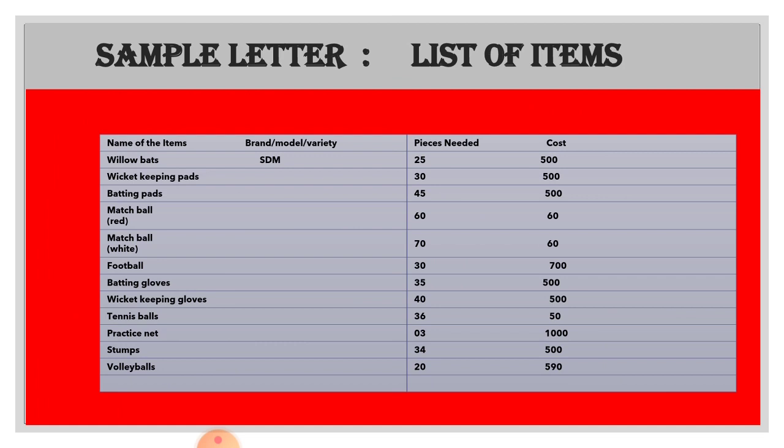Then the pieces needed, how many items you require, is to be mentioned very clearly, and you can also write the cost per piece that is already decided and negotiated. So these are the various things, along with the serial number, the name of the items, brand, the pieces required, and the cost, that would be included in tabular form in the list of items that you have ordered.